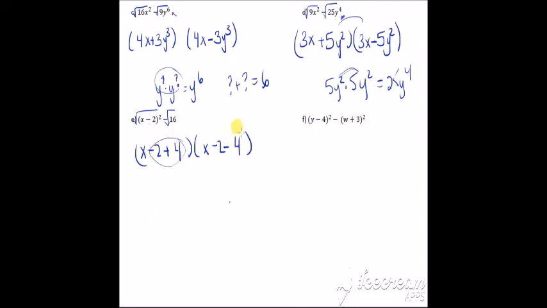So in a situation like this, we're going to actually have to go ahead and simplify this. So what's negative 2 plus 4? Positive 2. And what's negative 2 minus 4? Negative 6. Okay. Last one for this set. The root of (y minus 4) squared is just y minus 4.